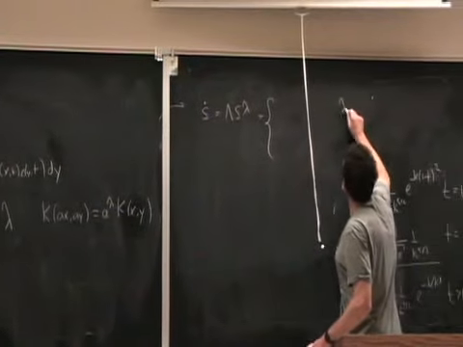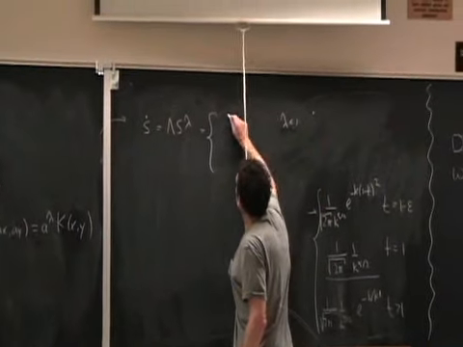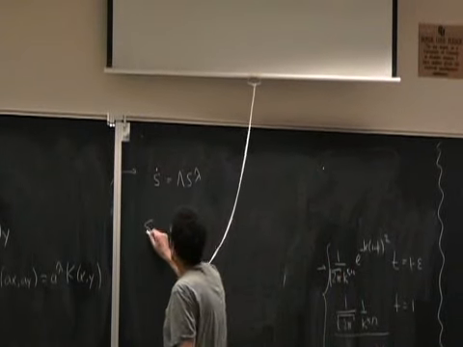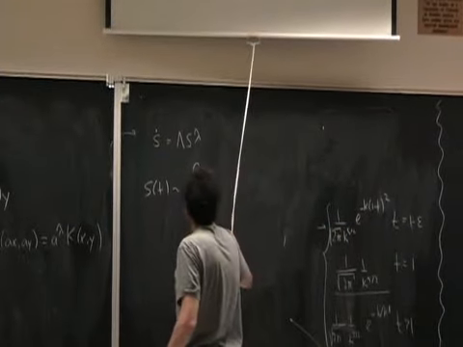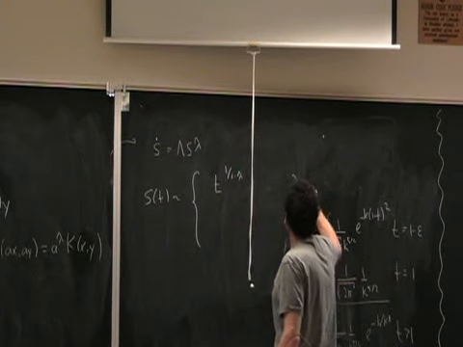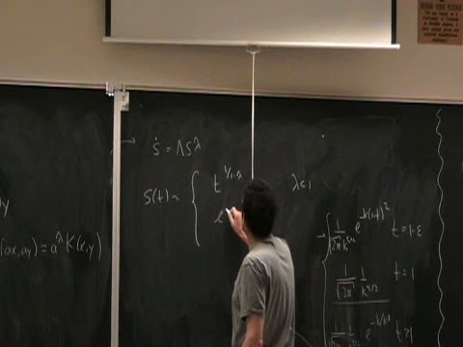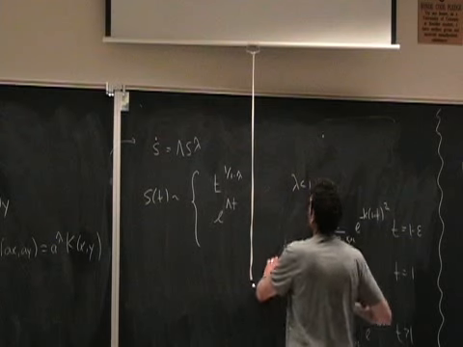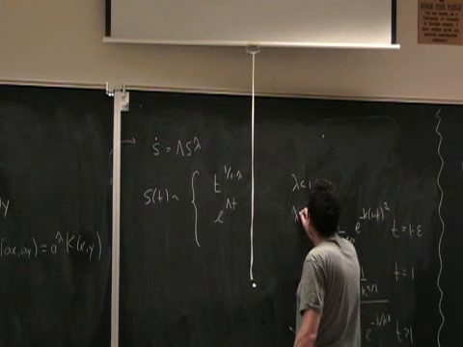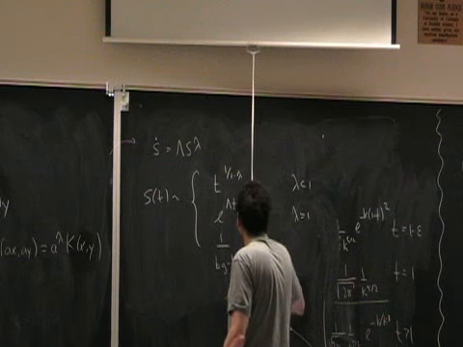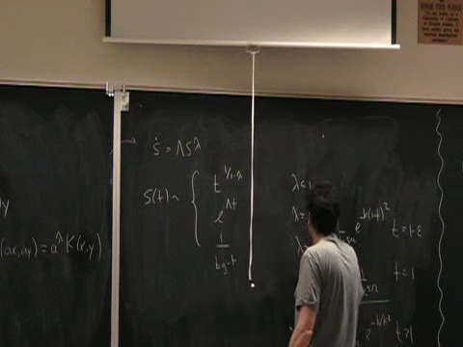If lambda is less than 1, one gets s of t scales as t to the power 1 divided by 1 minus lambda. It goes like e to the capital Lambda t for little lambda equal to 1. And it goes like 1 over t_gel minus t for lambda bigger than 1.